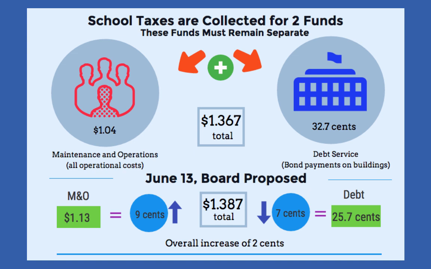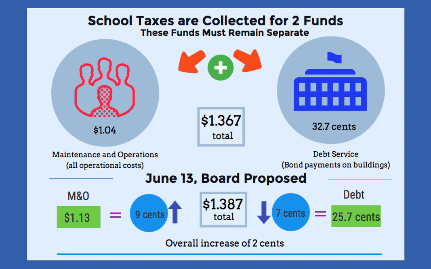So why is the vote for a 9-cent increase proposed if it raises the total by 2 cents? School taxes are divided into 2 payments, one for the operation of the district, which covers salaries, electricity, transportation, instructional supplies, really everything else needed to operate the district, and the second for debt service.